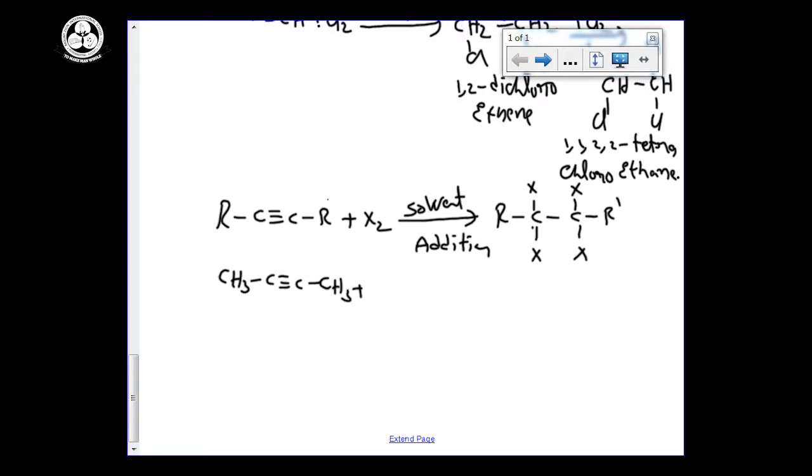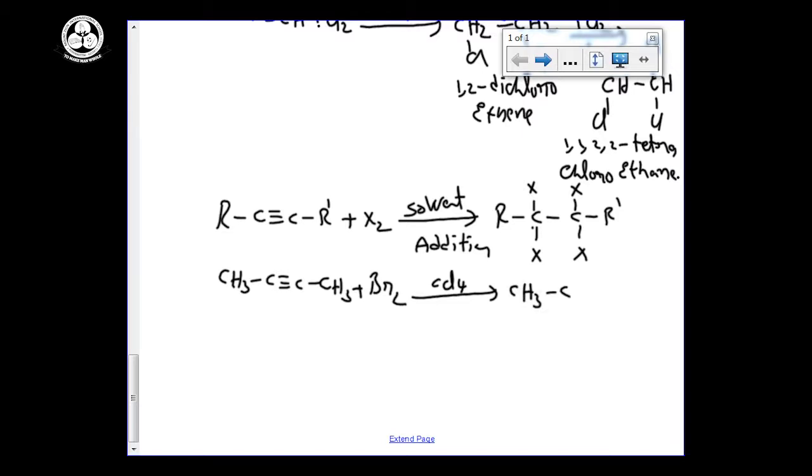If I am doing bromination in the presence of the solvent CBr4 or CCl4, carbon tetrachloride is a solvent, it's not involved in the reaction.